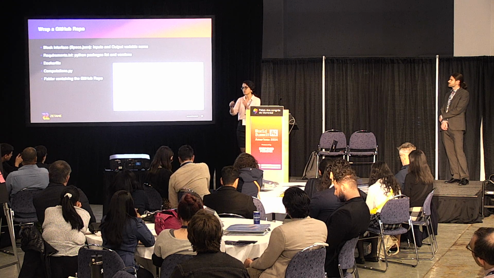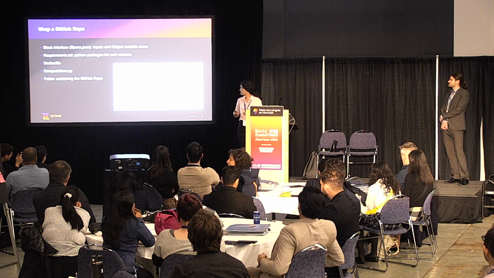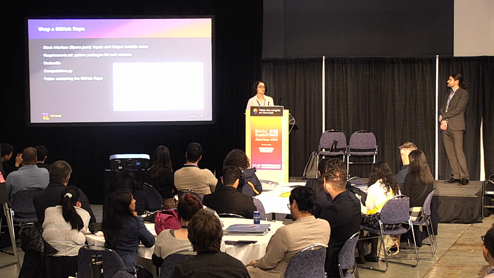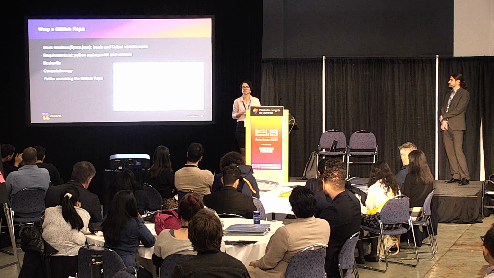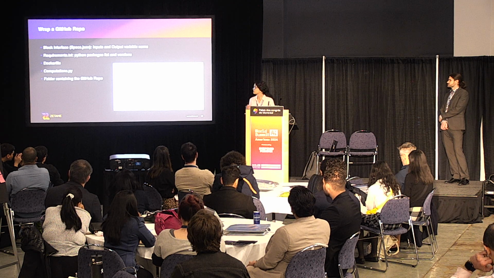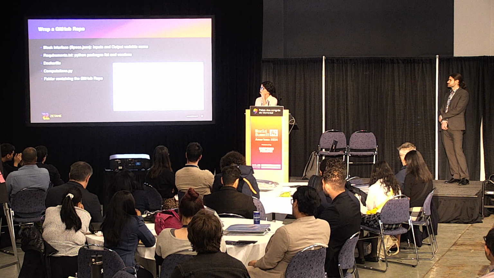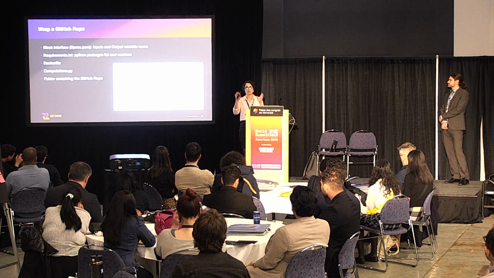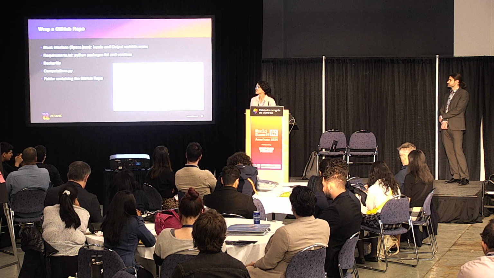If you want to modify the structure of your block, the only thing you do is change the names of the inputs and the outputs, and then you compile your block, and it updates the structure of your block for you. So it's very easy to work with. You can also add a folder containing the GitHub repo or any other files that you need, like a model checkpoint or a config file. You can just add it in the same directory where your block exists, and that's how easy it is to wrap a GitHub repo.